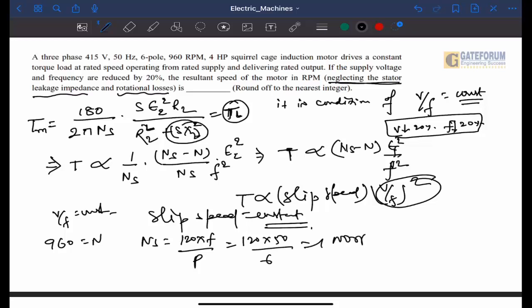It is 1000 rpm. I will give slip speed a different name, because if I put ns, you will get confused. Say slip speed is 1000 minus 960, it will be 40 rpm.